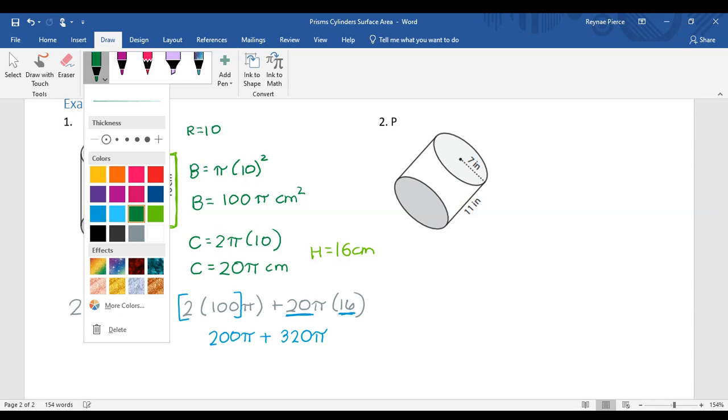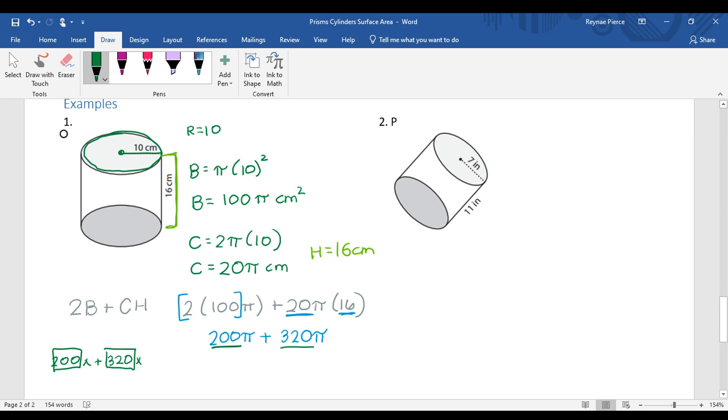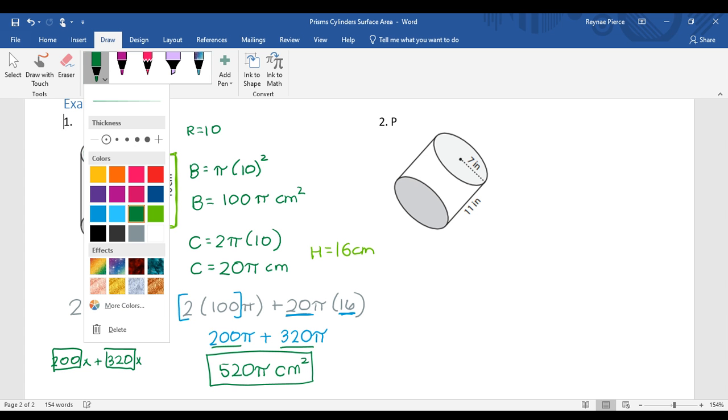Okay, and then just like if we had 200x plus 320x, we would combine those coefficients out in front. We're going to do the same thing. Okay, 200 plus 320 gives us 520 pi square centimeters. Okay.